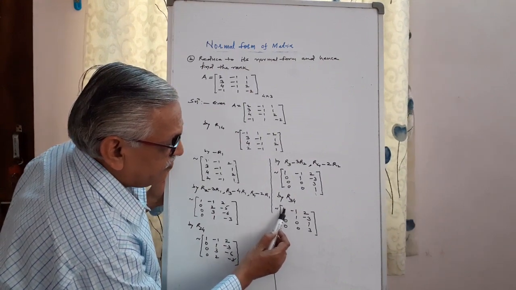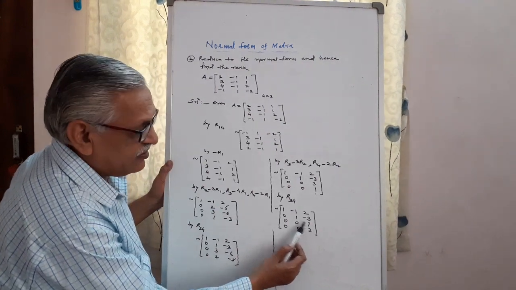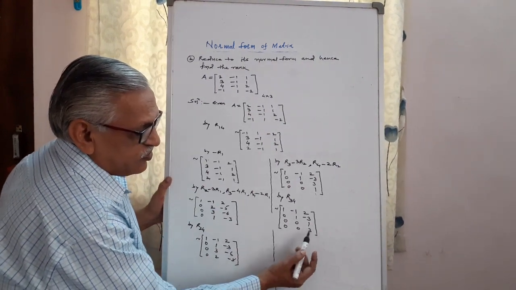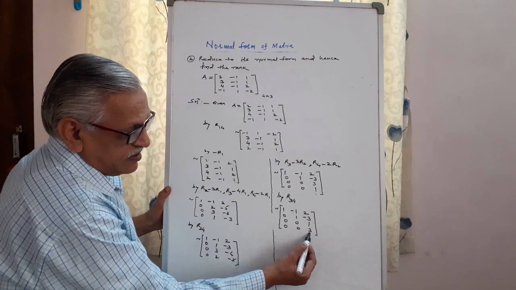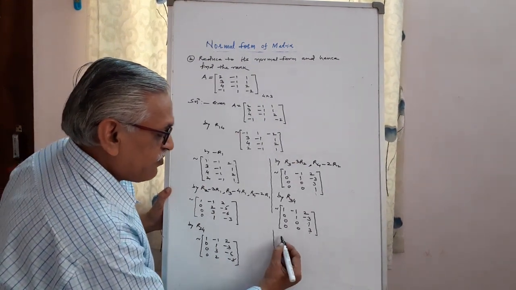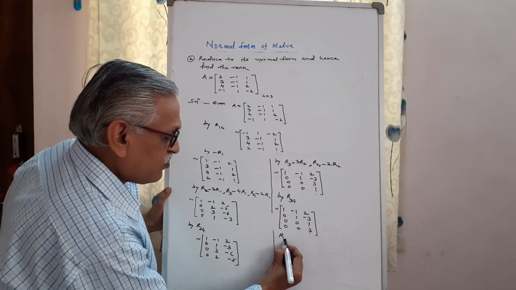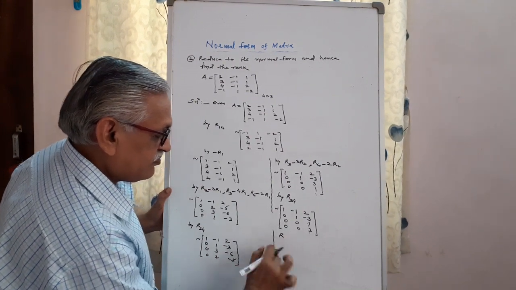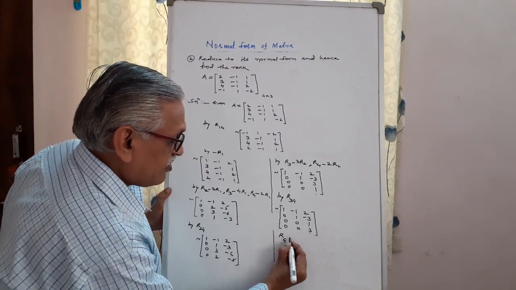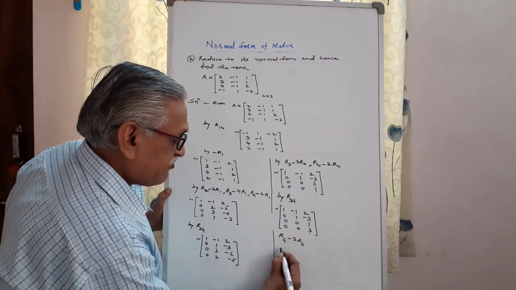Here we have converted all the diagonal elements as 1. We want lower diagonal elements to 0, therefore make it 0 by using this one. Transformation required is R4 minus 3 times R3.